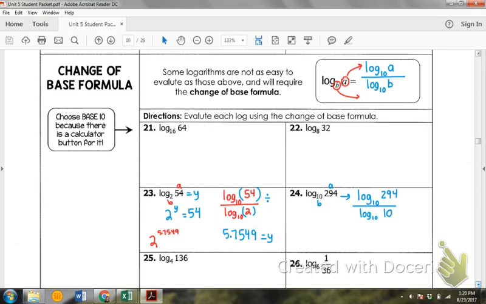Okay, use your calculators. Make sure that you use your parentheses. I forget, do we type in 10? Nope, you don't have to type in the base at all because your calculator, remember, has already programmed that.